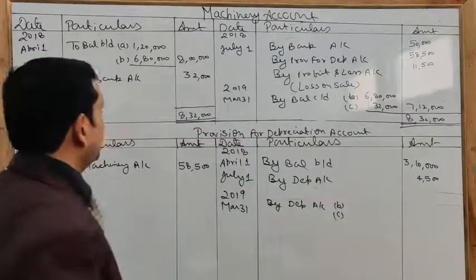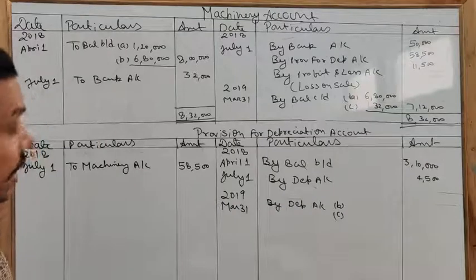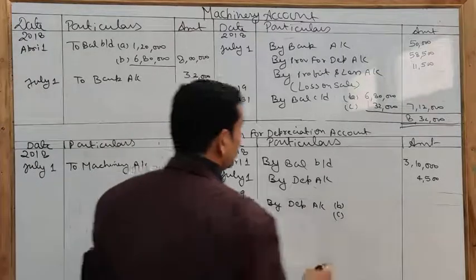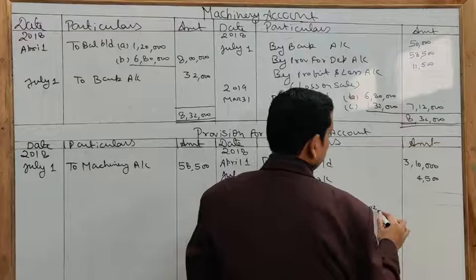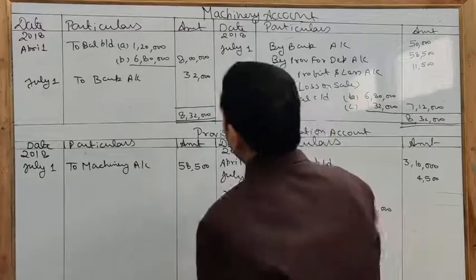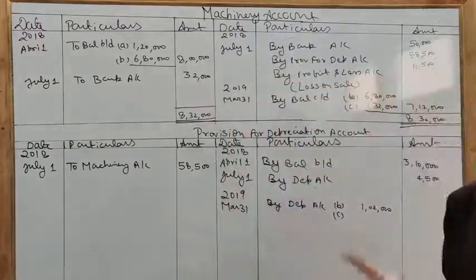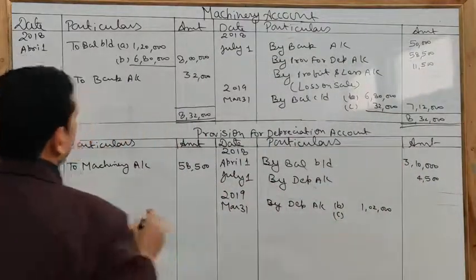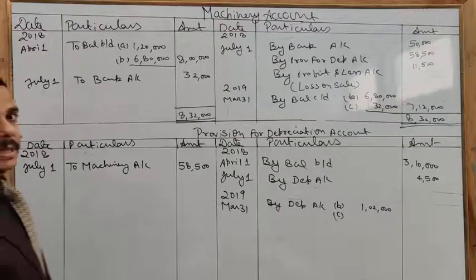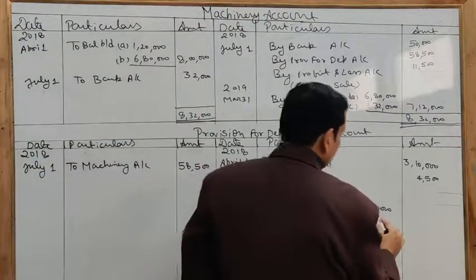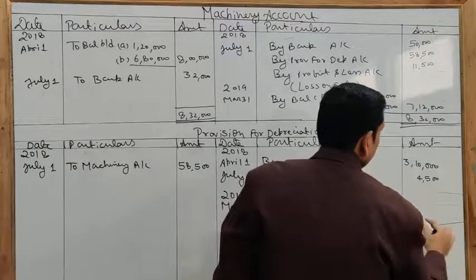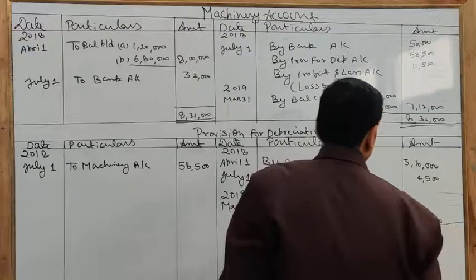The depreciation of B at 15% is 15% of 6,80,000, so that comes to about 1,02,000. Clear? And on this machine you are going to calculate 9 months depreciation. So 32,000 into 15% into 9 by 12, that comes to 3,600. So total is 1,05,600. Clear?